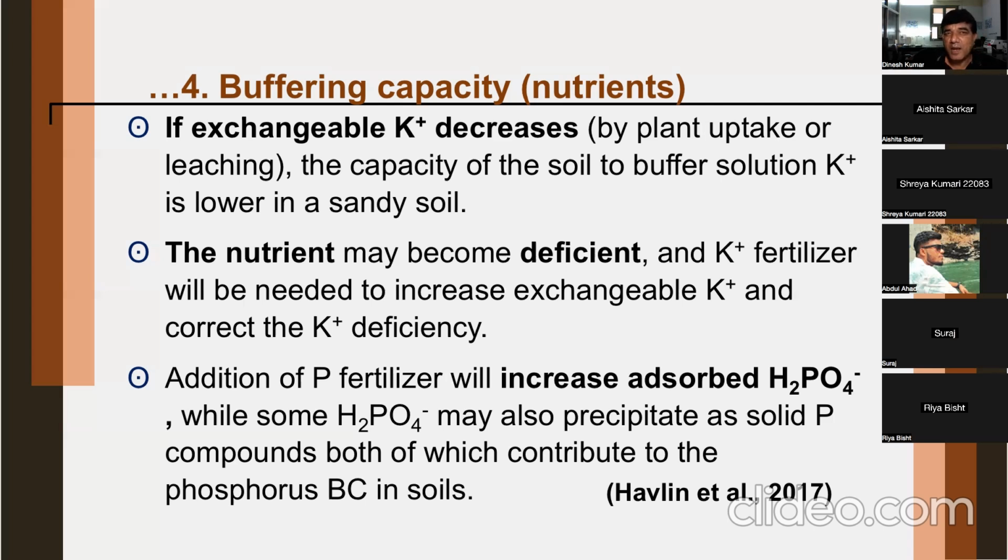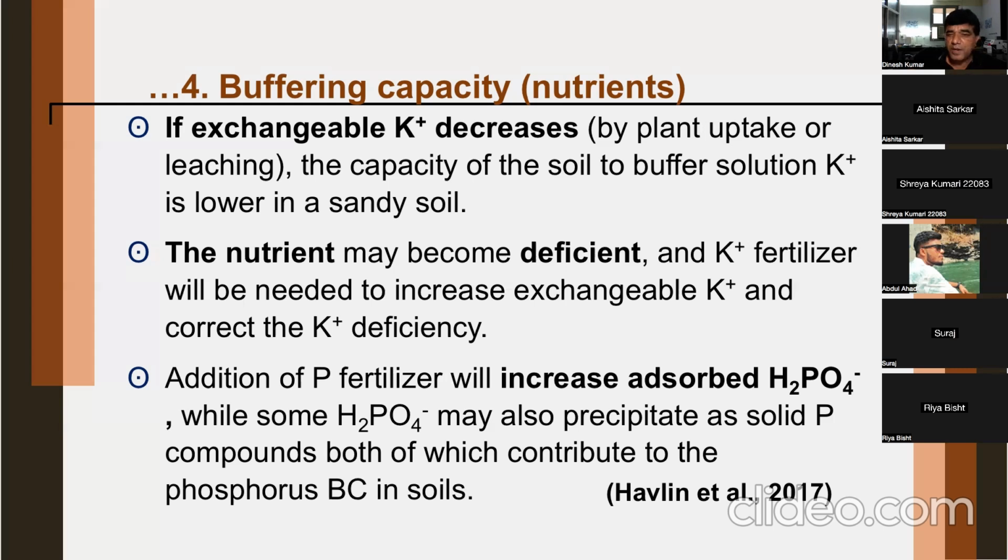But if your soils are light or sandy loam soils, then you should go for at least three split applications. So lighter the soil, you need to go for more split application of nitrogen. But now for rice and wheat, potassium split is also recommended, particularly in soils which have low cation exchange capacity.